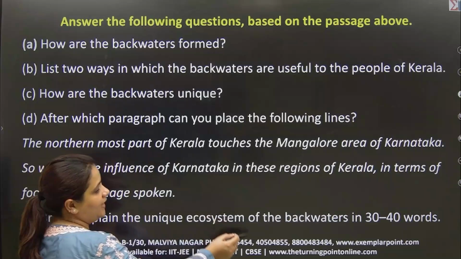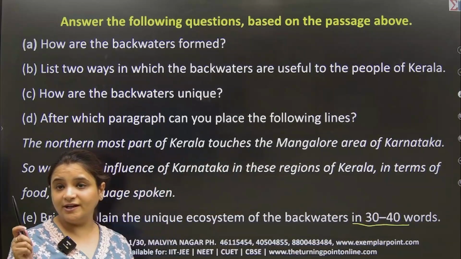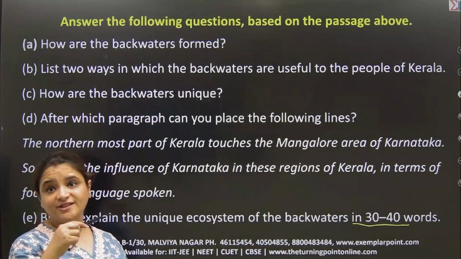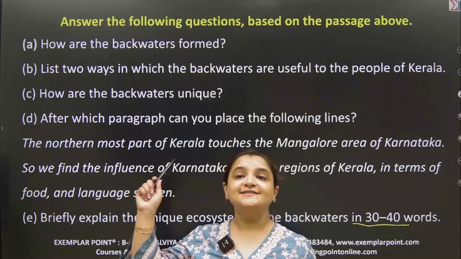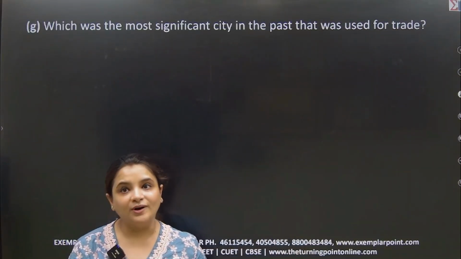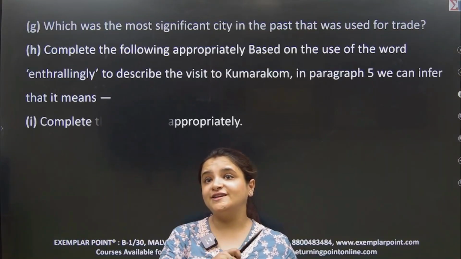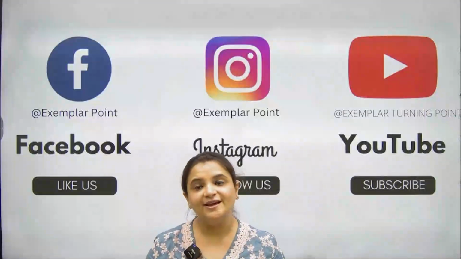Briefly explain the unique ecosystem of backwaters in 30 to 40 words. Remember the word limit. Just remember, before attempting this passage, just remember my 3 steps: skimming, scanning, and writing the answers in our own words. If you follow these 3 steps, you will surely be getting a net score in the reading section.